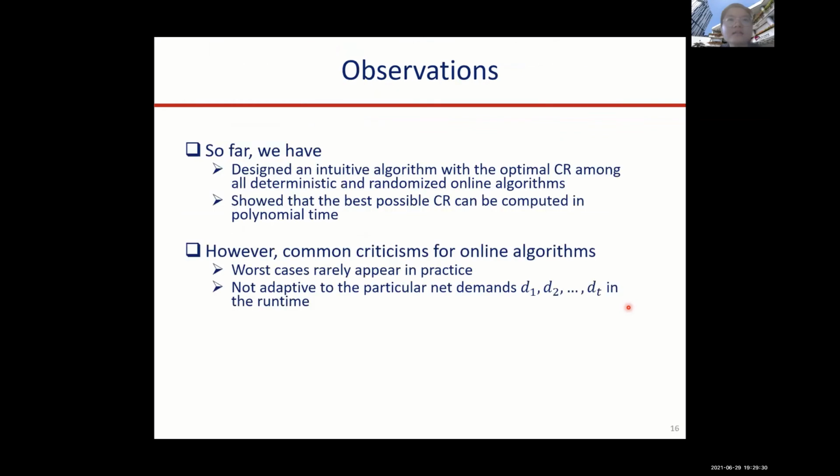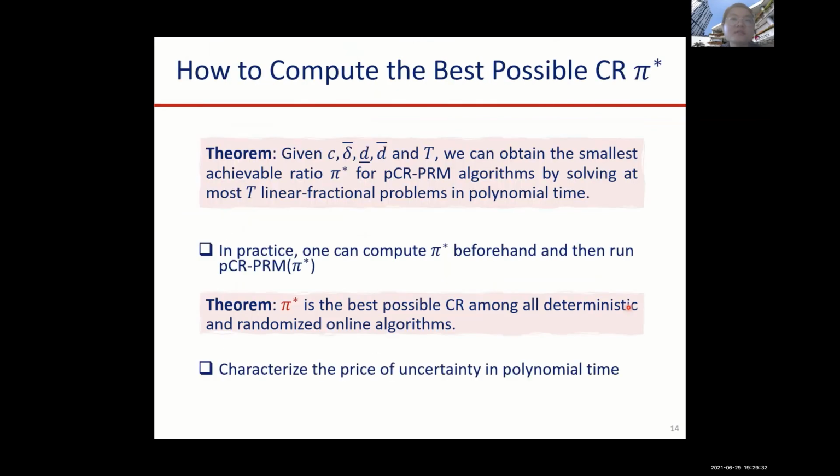I think the rough answer is yes, because we are computing the best competitive ratio. The best possible competitive ratio is also called the fundamental price of uncertainty. So in your description, the uncertainty should decrease because we have more information.